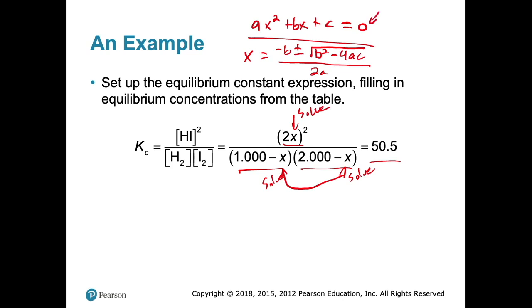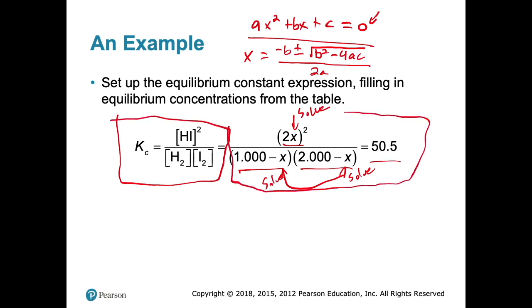Because right now this part right here is just the expression. So really this is the math part right here, and this is the chemistry part, and this is the math part. And so really you're going to be working with just this part right here, not the chemistry part, but the math part.